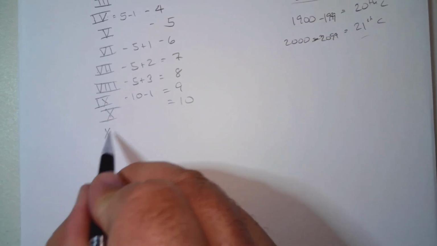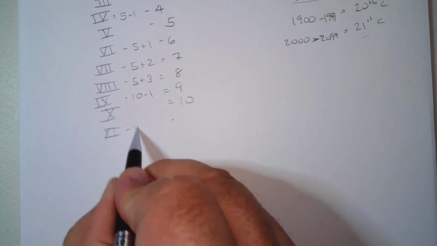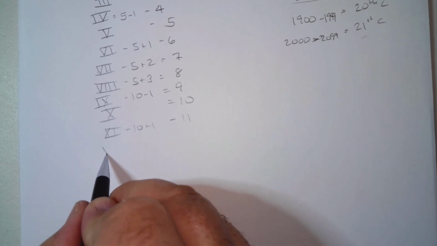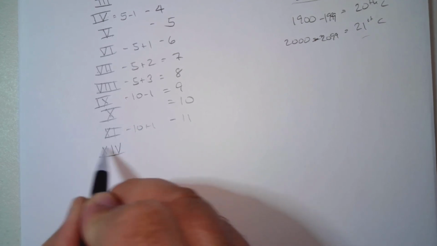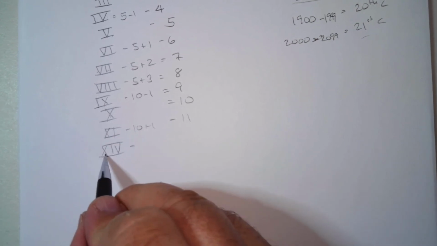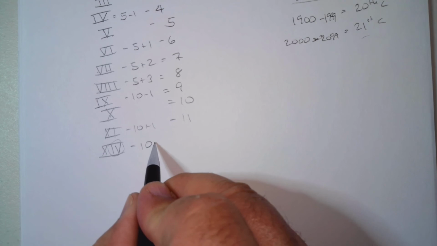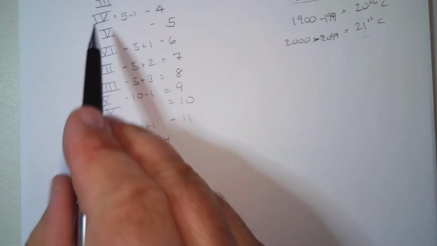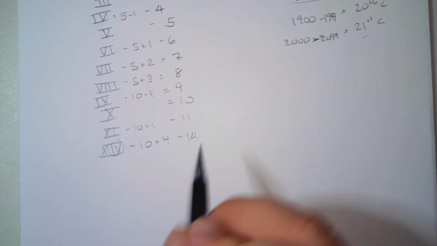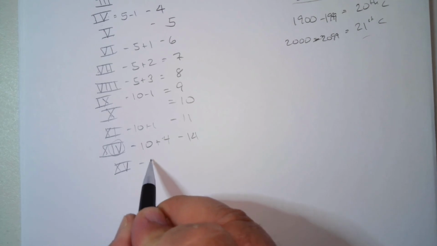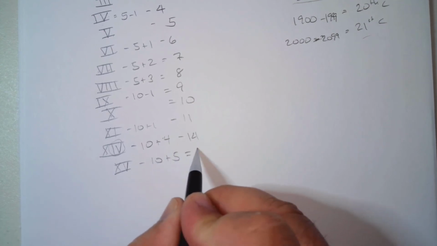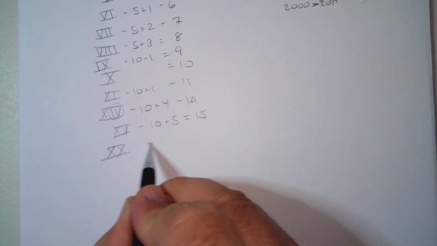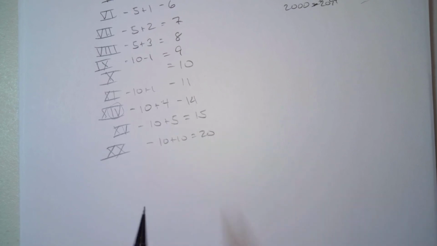So XI is 10 plus 1, which is 11. XIV, I'm going to skip you some. So it's 10, IV, and IV is 4, we did that earlier. So that's 14. XV is 10 plus 5 equals 15. XX is 10 plus 10, which is 20.